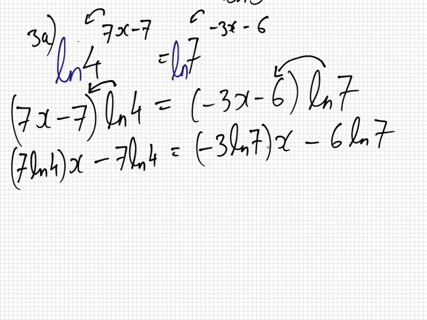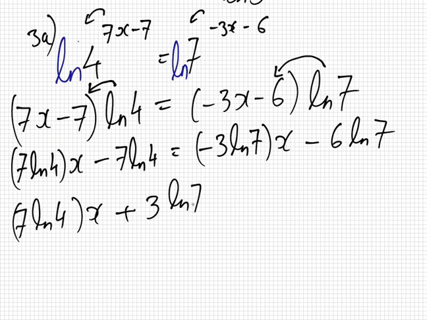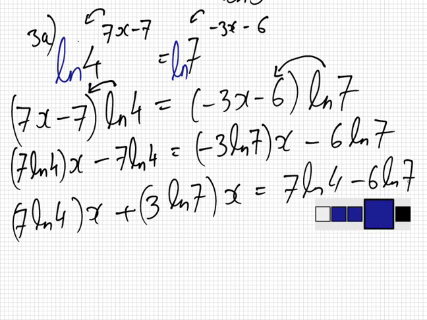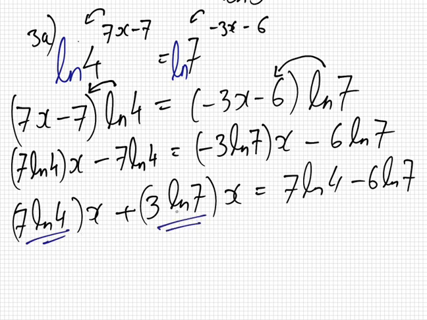Put the x's to the left. So you have 7 log 4 x plus 3 log 7 x equals 7 log 4, because this goes to the right, minus 6 log 7. The x is in common on both.